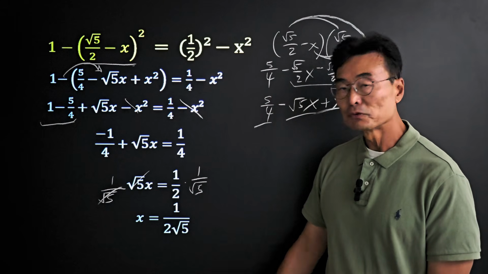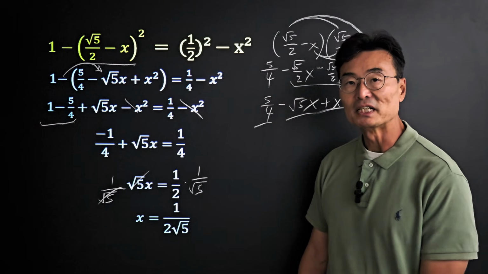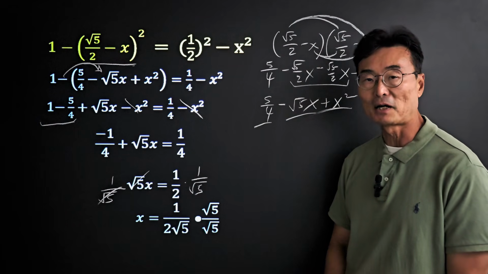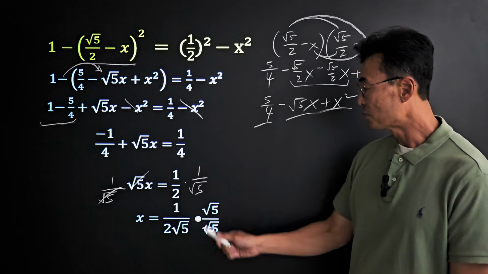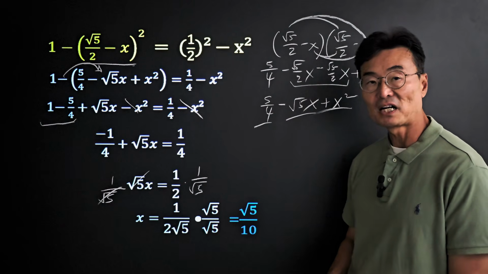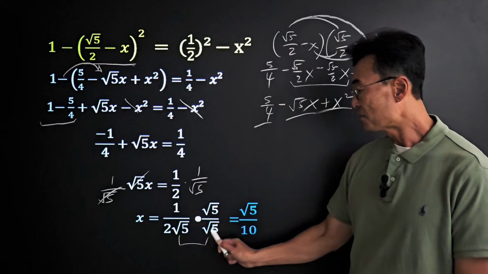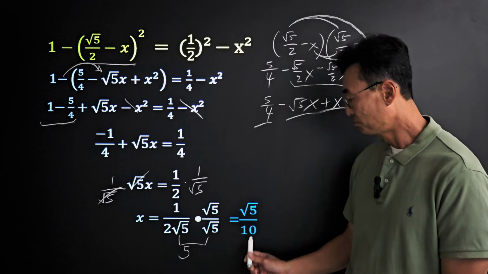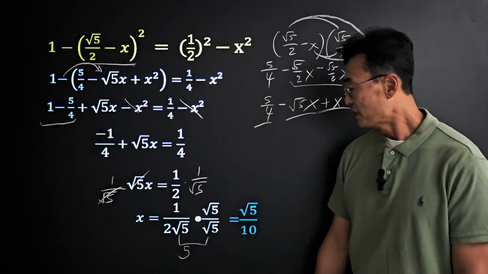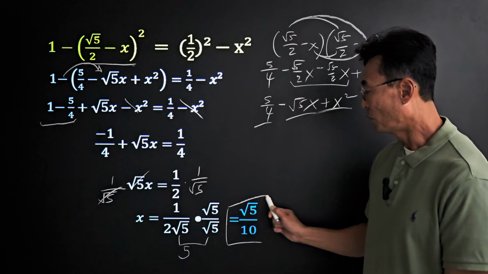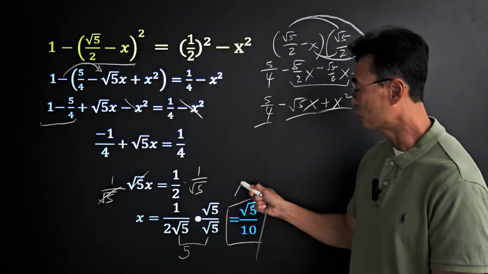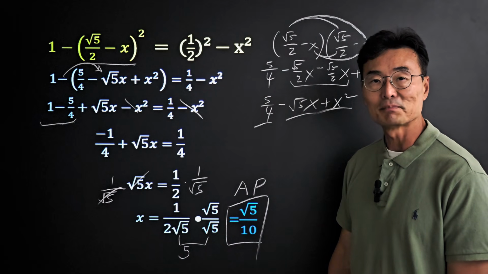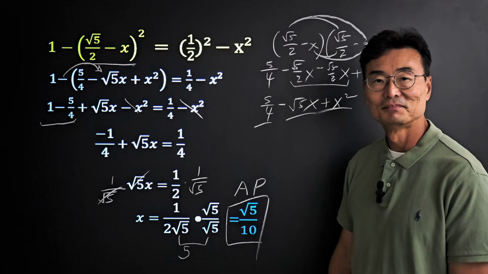If you want to rationalize the denominator, we multiply by √5 on the top and the bottom, where 1 times √5 is √5, √5 times √5 is 5, and 5 times 2 equals 10. There you go. This, √5 over 10, is what we're looking for, the length of AP.